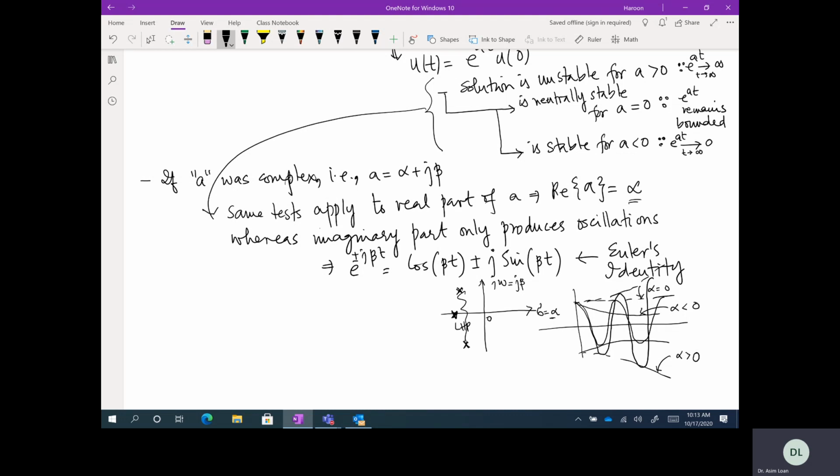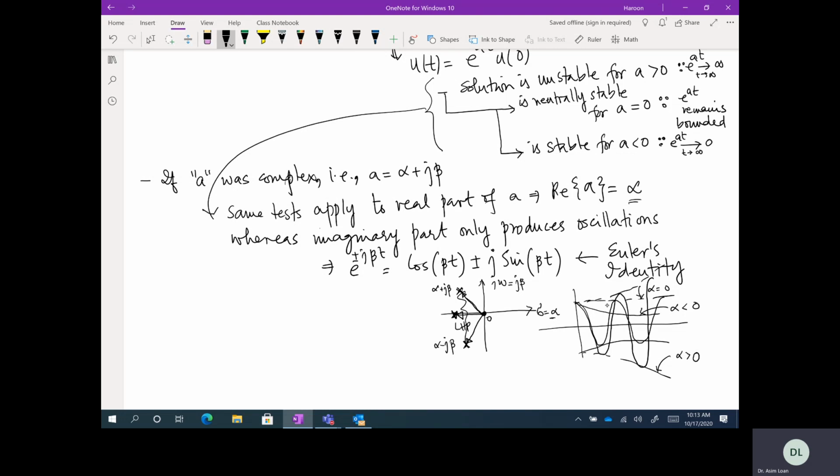These are complex poles. So we know if we have an equation with real coefficients, then the roots are going to be in complex conjugate pairs. We will probably also see this in the third or fourth lecture when we study complex matrices. This is a real pole. These are complex poles which appear in conjugate pairs. So this is alpha plus j beta, and this is alpha minus j beta.